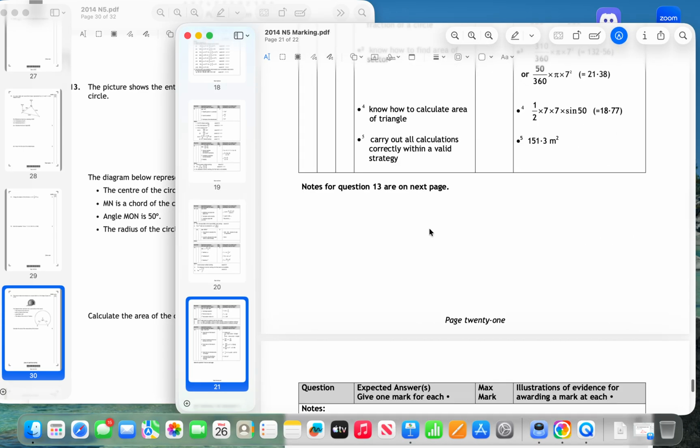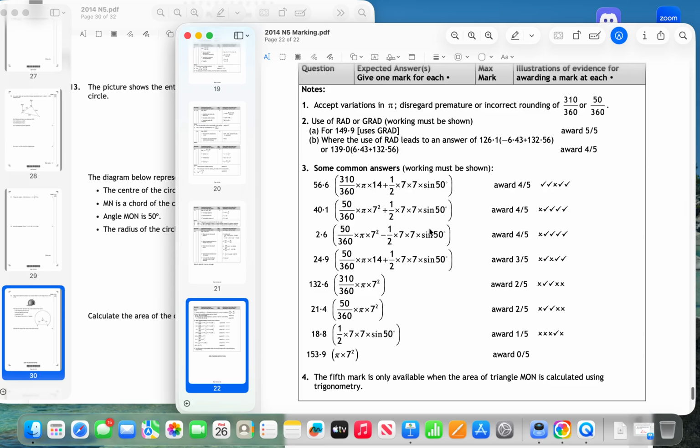And if we want to have a look at this, these are the ways in which people have lost marks. So you can use 3.14, you can use 22 over 7, but the best way to do it is substitute pi into the calculator.